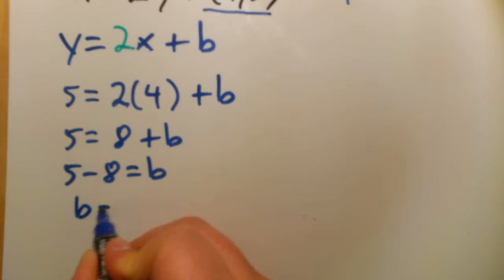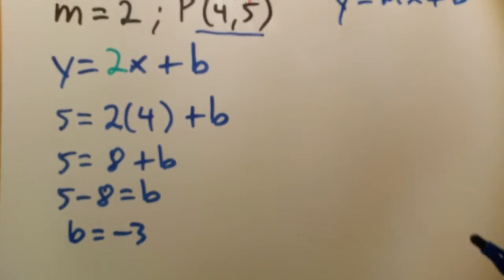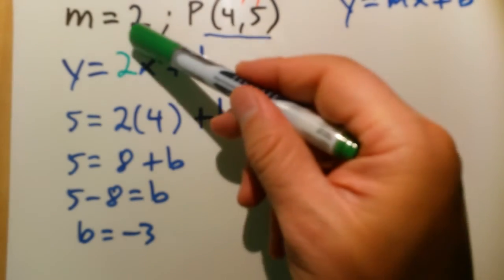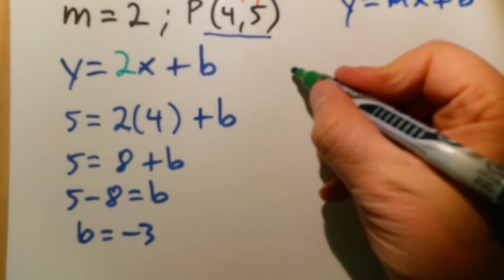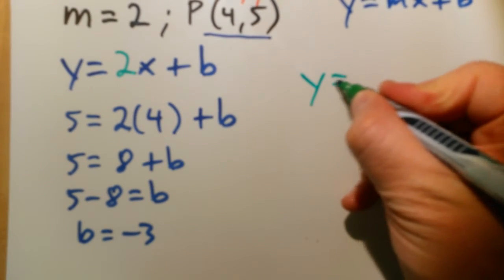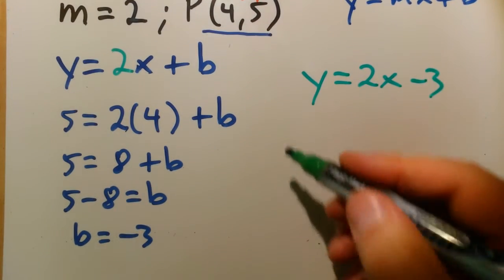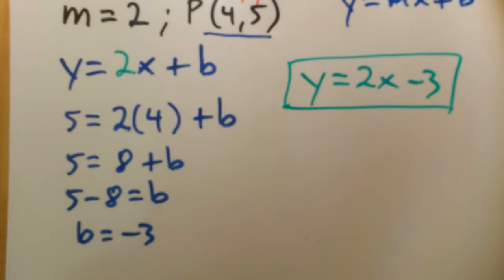So now we have our y-intercept, which is -3, and we already know what the slope is. So the equation of the line that has this slope and passes through this point is, we substitute our values, y equals 2x minus 3. All right, so this is the equation of the line that passes through this point.